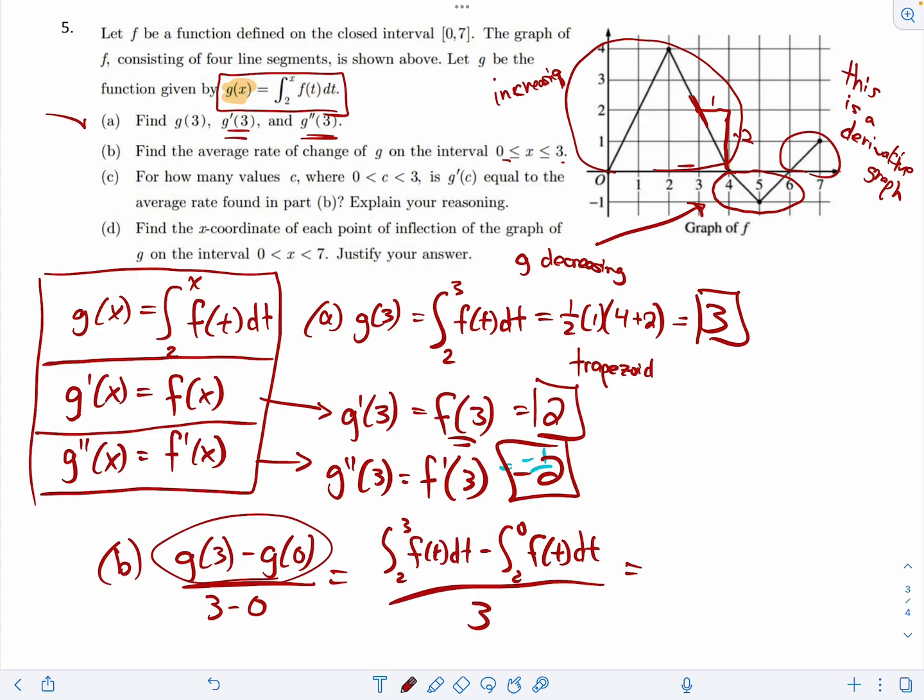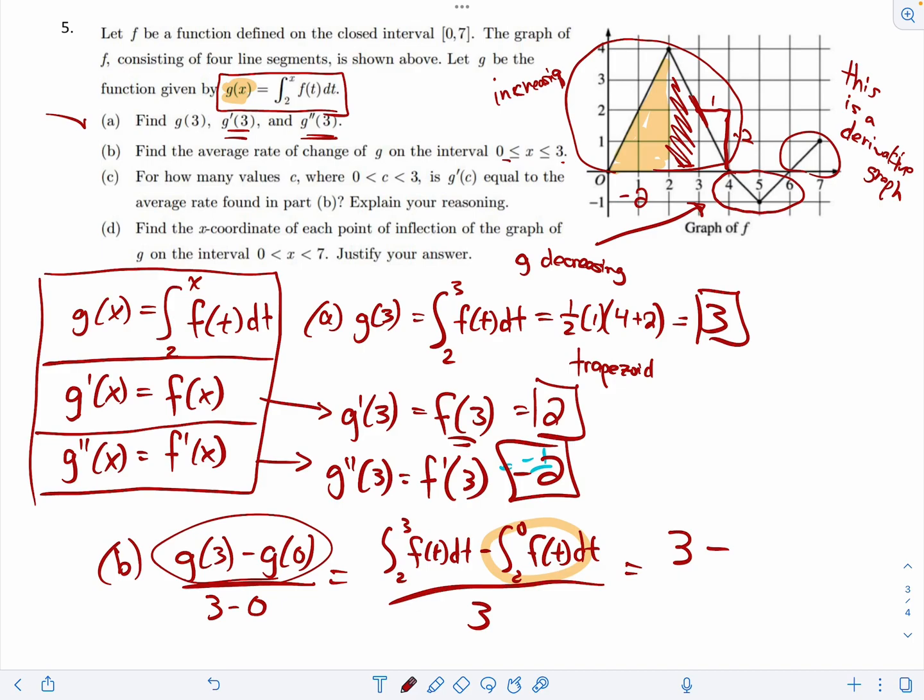And now I'm just looking for from 2 to 3. Oh, we already found that. That's that region. That is 3 minus, now the integral from 2 to 0. We're going backwards, so that is this area here. But our length is -2.